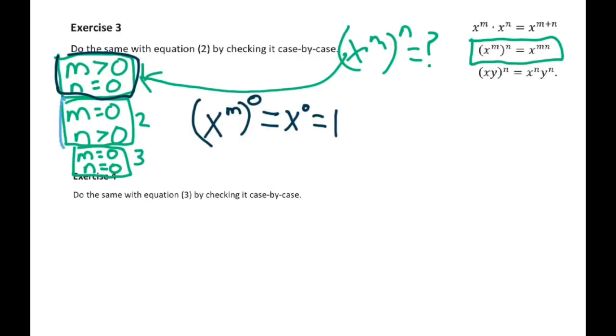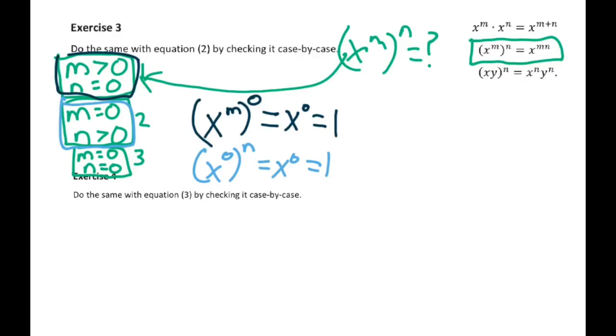Let's do this one next. m equals 0. n is a number greater than 0. So x to the 0 to the nth power. What is this going to be now? Well, once again, it is just x to the 0 times n this time. But we still know that is going to equal 0, because anything times 0 equals 0. So that's also equal to 1.